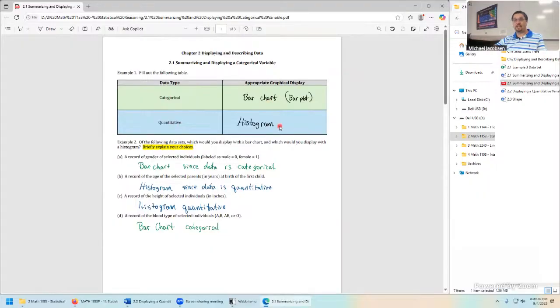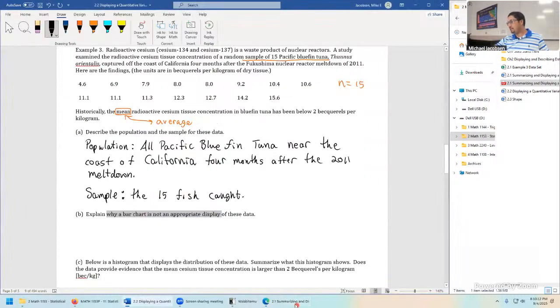We should be using something like a histogram or even a dot plot, or later on we'll see a box plot. In the reading, there's a stem and leaf plot, but we're not going to do those ones in class. They're not as much value as you might think. So we're going to focus on the more practical things like histograms.